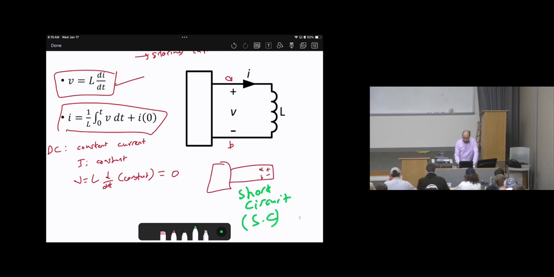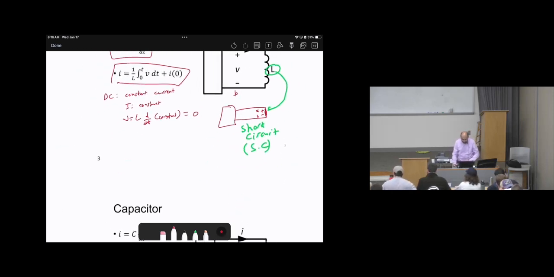So I would say in DC, the inductor will behave as a short circuit. So you can remove the inductor and replace it with a short circuit, as we did here. Now it is a short circuit. Erase it and replace it by a wire. This happens if and only if you are in DC, or in other words, the current is constant. Okay?